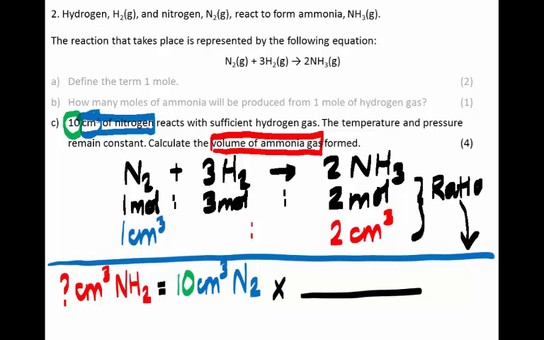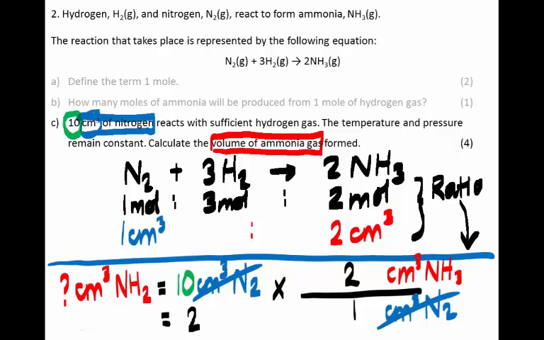We multiply that by conversion factor, which is the reaction ratio for this particular reaction, with centimeter cubed of nitrogen at the bottom to cancel that away, and centimeter cubed of ammonia at the top to introduce the required unit. Then we look at our ratio and we know that 2 centimeter cubed of ammonia will form from every 1 centimeter cubed of nitrogen. 10 times 2 is 20 centimeter cubed of ammonia.